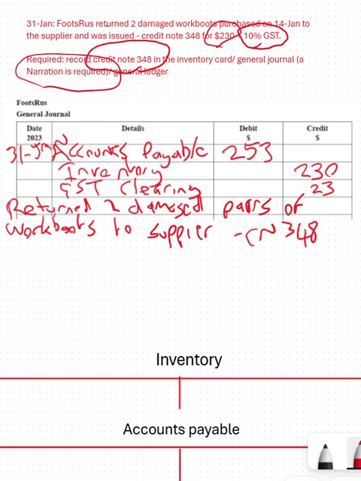Importantly, we need to identify the source document in our narration to support the audit trail. And we also need in our description to quantify the number of units and identify the type of inventory that we're actually returning.